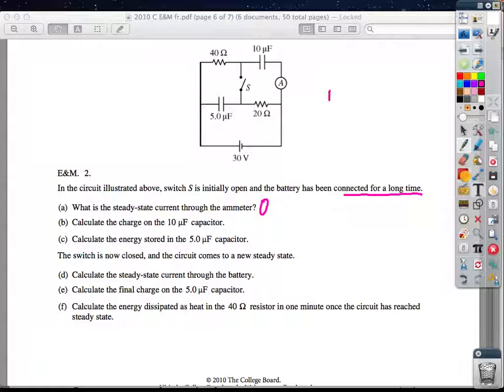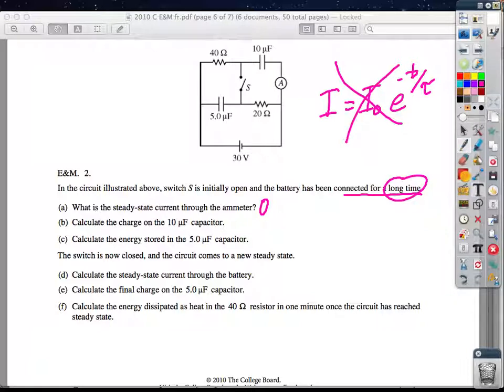And then that current would be a function of this. Because they said for a long time, we don't have to worry about that. We can just say 0.